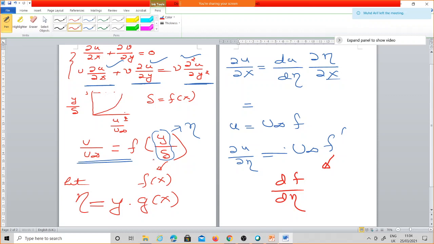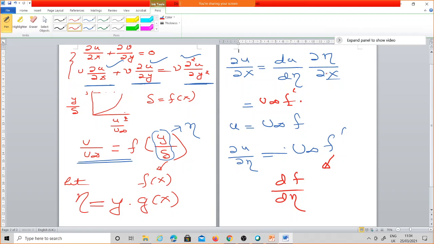Although we write it like this, it actually represents eta. So du by d eta is actually u infinity f prime. So I just write it here, u infinity f prime, okay, multiplied by del eta by del x.